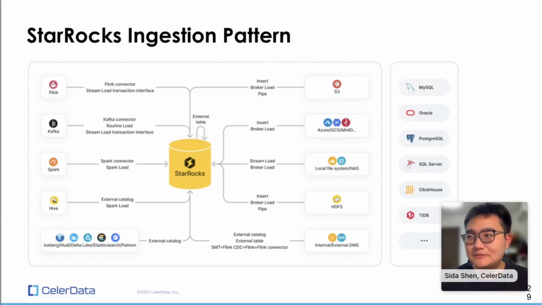But V3 deletion vectors speed up ingestion and upserts a lot compared to V2, and it's a lot easier to use. But it's nowhere near what our primary key table can do in terms of freshness, just because we use something in memory. We have an in-memory index to accelerate this process. But the overall concept is very similar between the primary key table and the deletion vector, both in Apache Iceberg and Delta Lake.